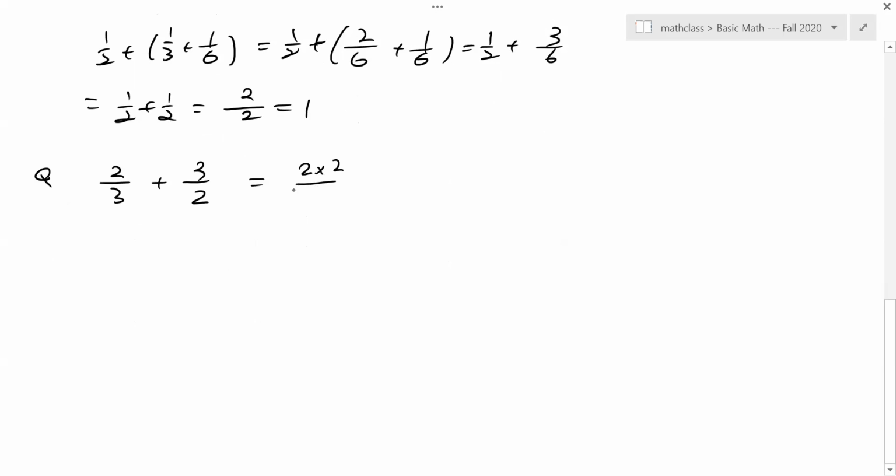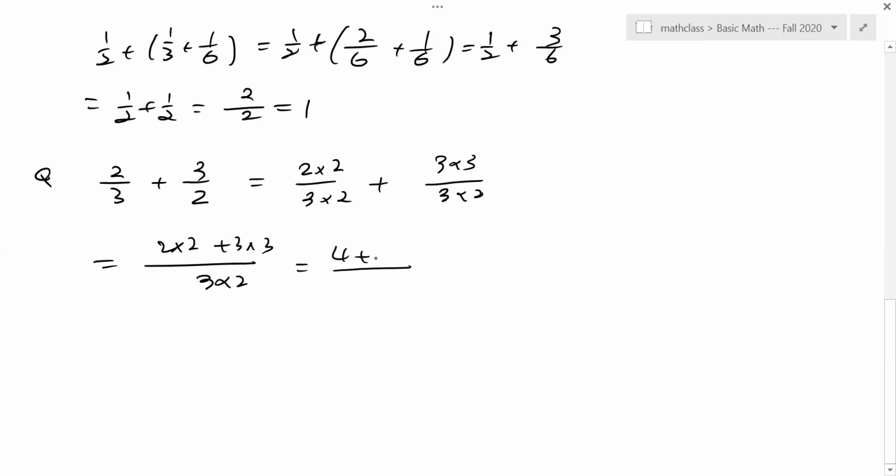It's 2 times 2, 3 times 2, and 3 times 3, right? Then the denominator will be 6. So you get 2 times 2 plus 3 times 3, and then you get 4 plus 9 over 6, and 13 over 6.